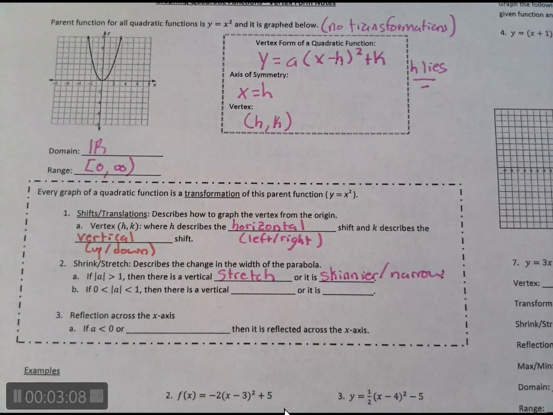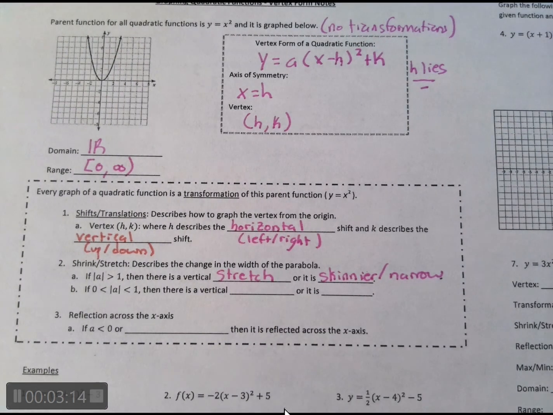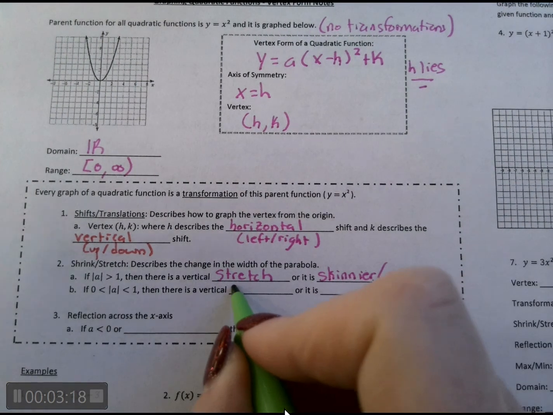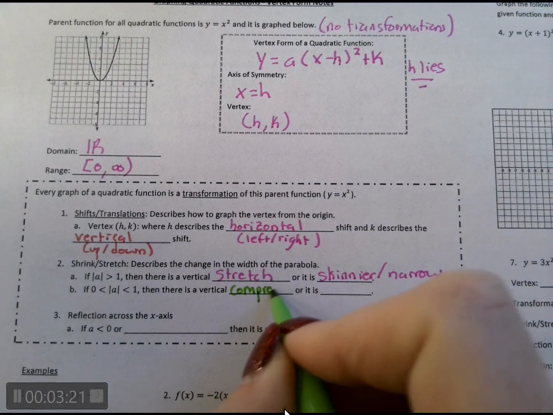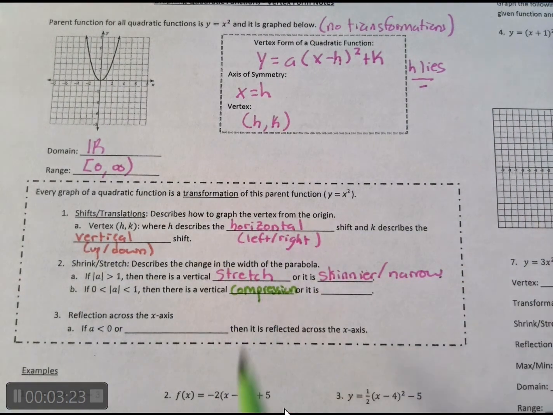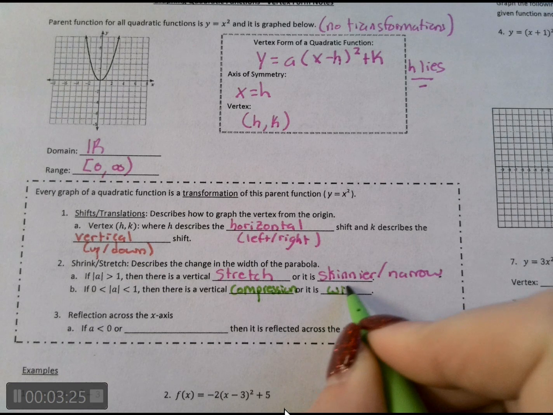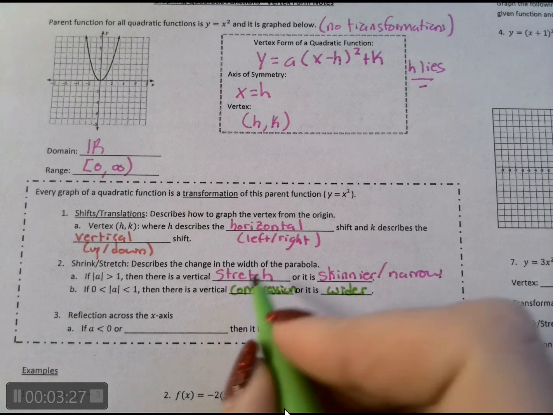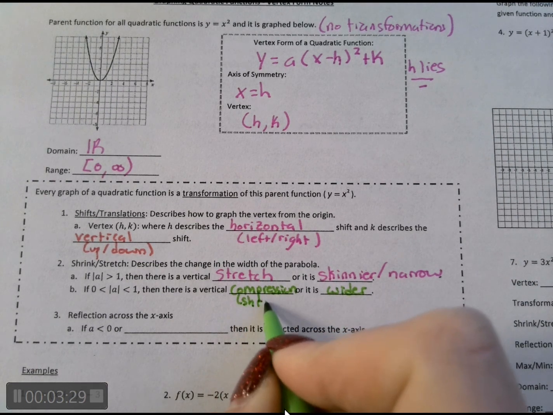And if a is in between 0 and 1, meaning that it's a fraction, then there is a vertical compression. It gets wider. And vertical compression is another word for shrink.